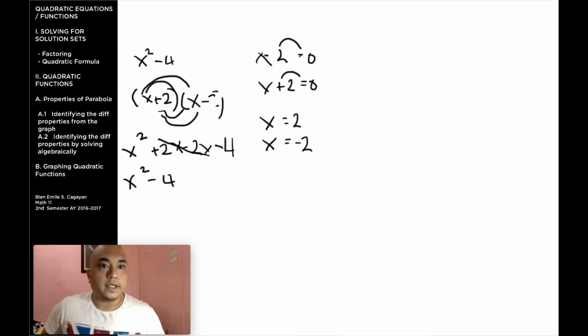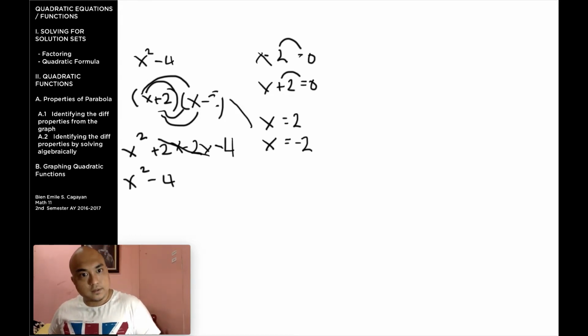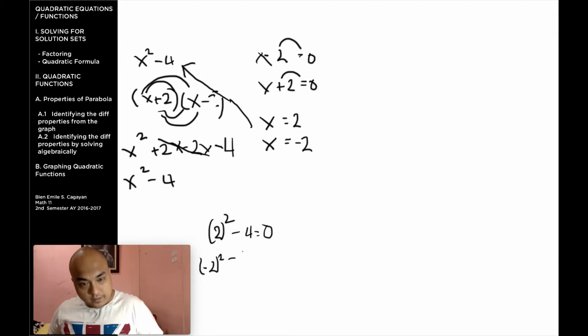So how do we check again? In order to check, we just have to substitute those values into our equation. So 2 squared minus 4 should equal 0, and negative 2 squared minus 4 should equal 0.